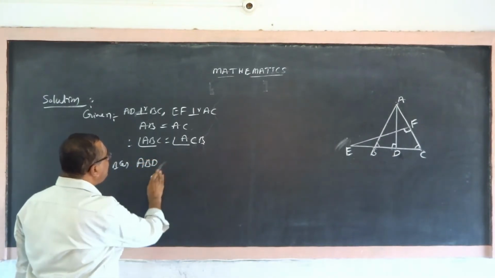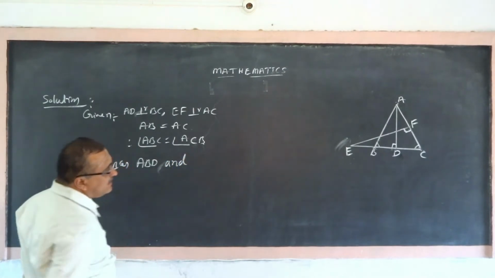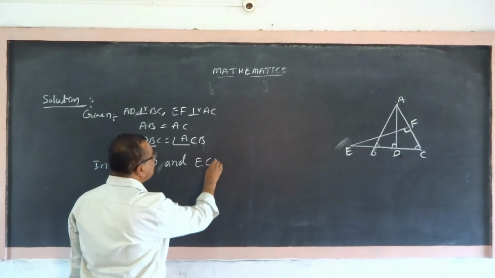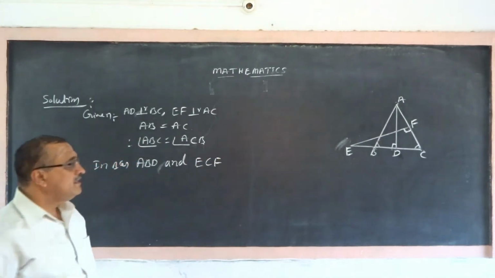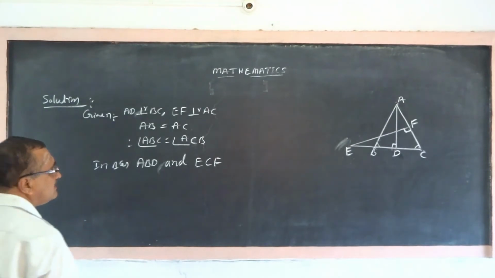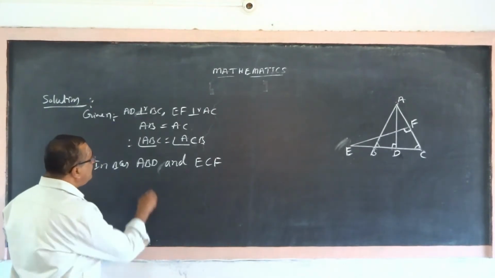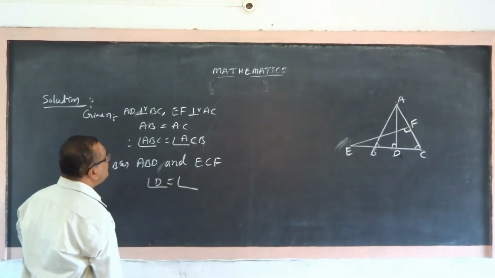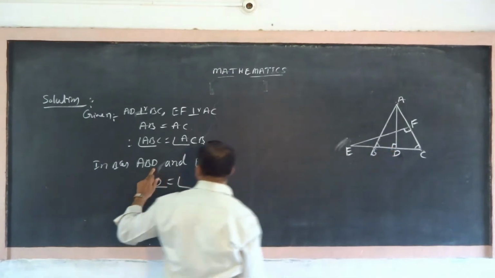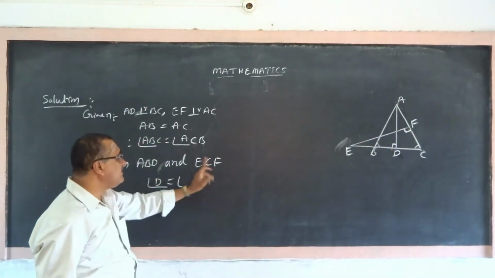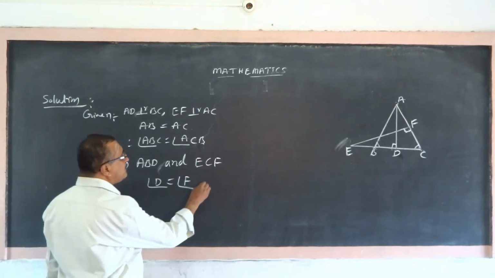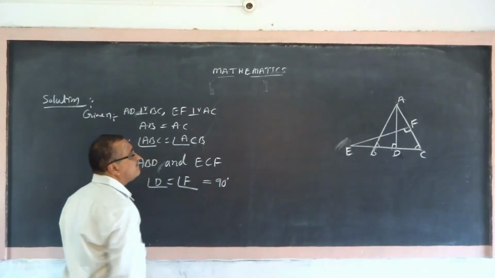In triangles ABD and ECF, what are the known angles? In triangle ABD, angle D is equal to angle F of triangle ECF. It is perpendicular, which is nothing but 90 degree.